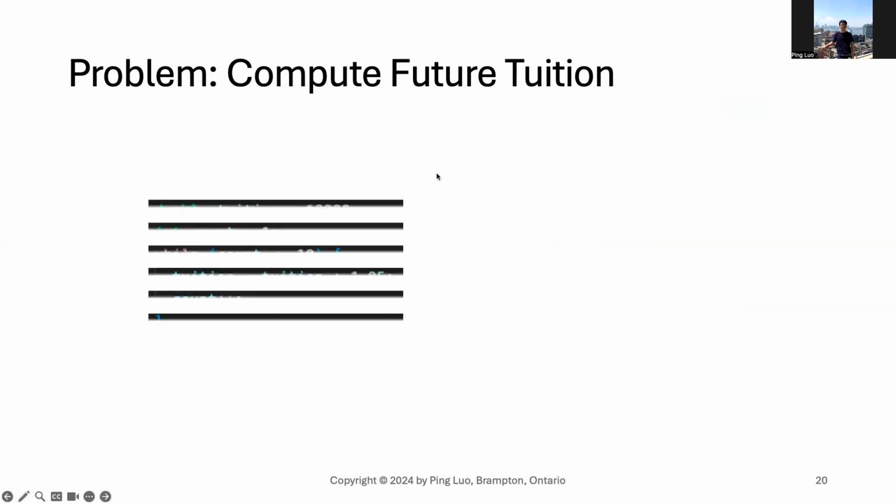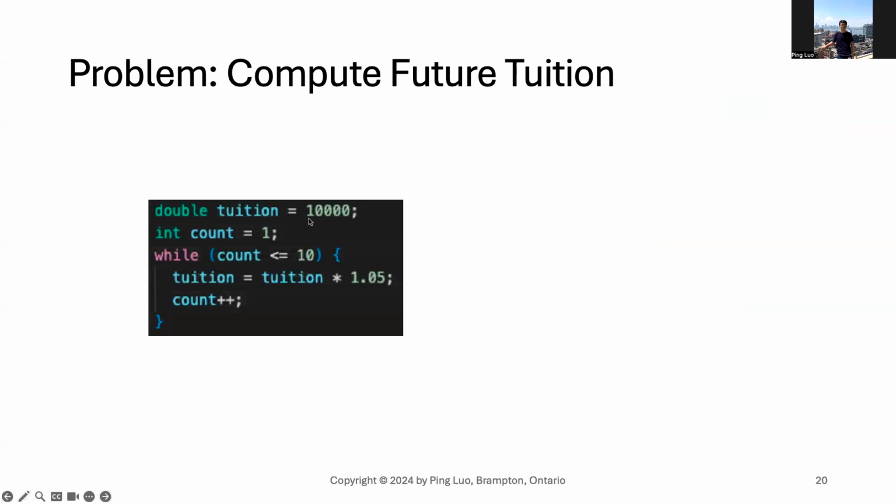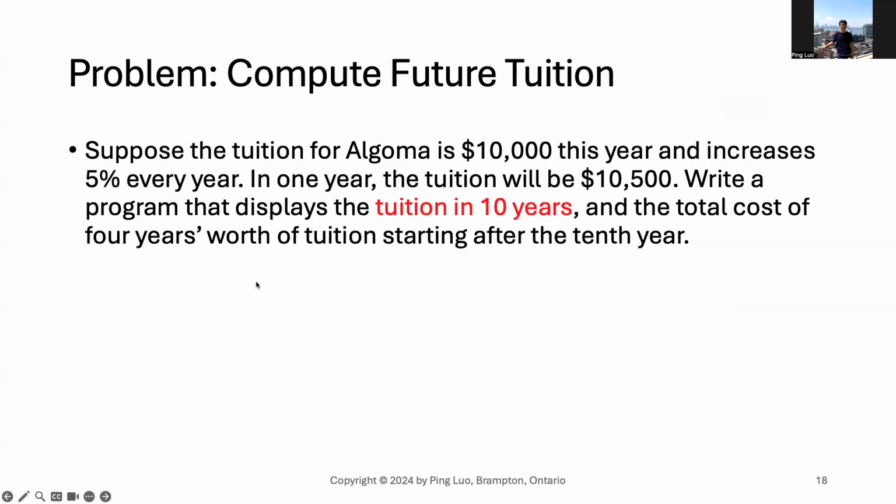Basically, at the beginning, the tuition is 10,000, and each year it is multiplied to increase by 5%. This is the problem we want to solve.